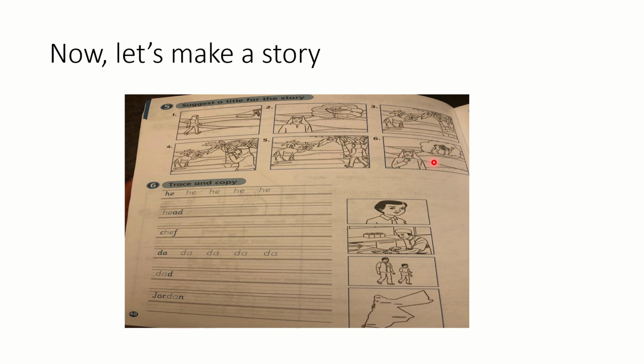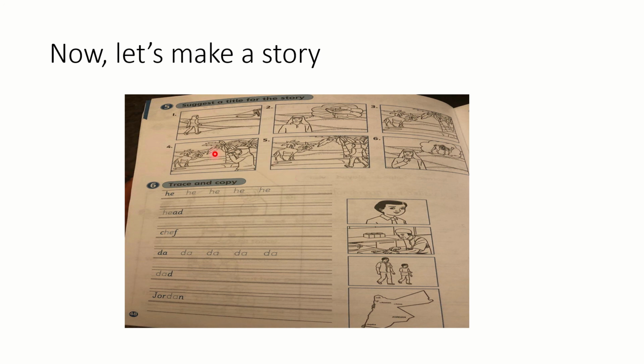And here is the last picture. He was thinking that the camel is going to help him. Let's start a story. Can you make a story orally about these pictures like Nader's story in the pupils book? We want to make a story similar to the story we just read in the pupils book page 50.